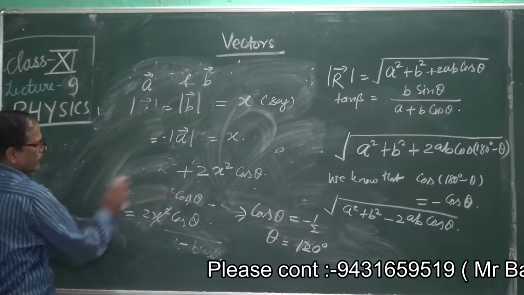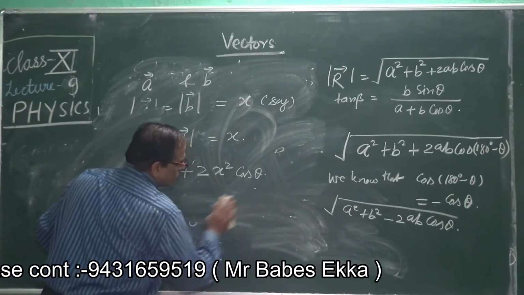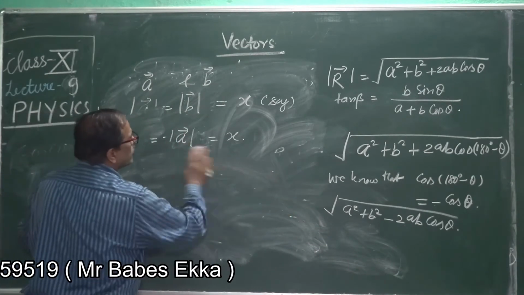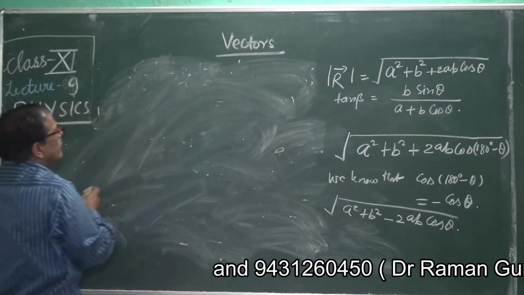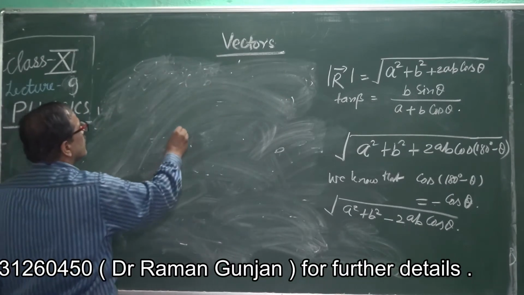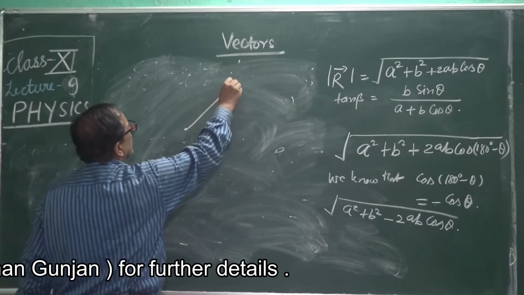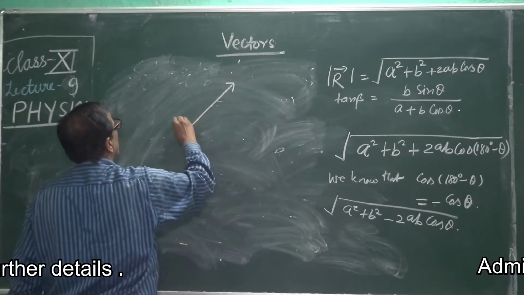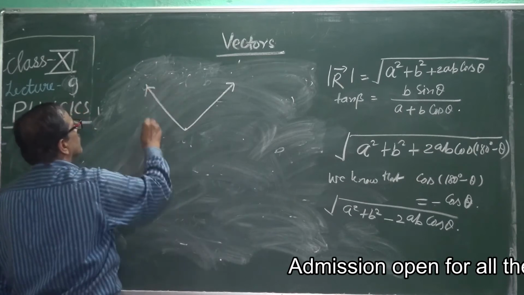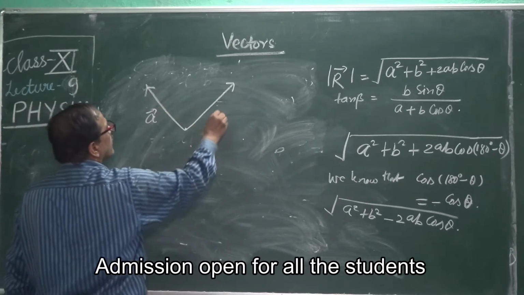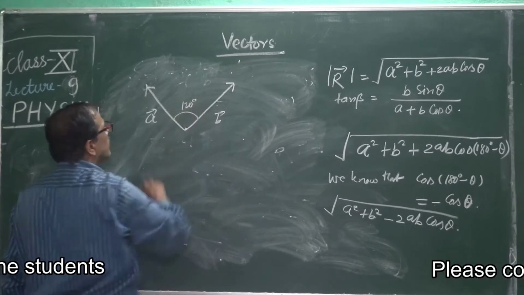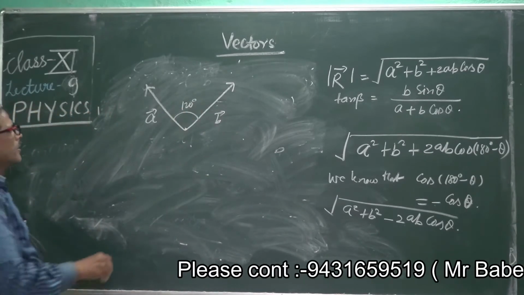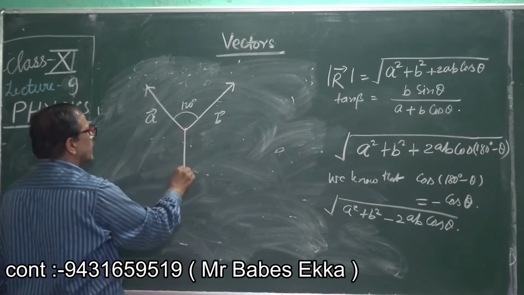If we represent the two vectors of equal magnitude and the resultant, we will see it like this. This is vector A, vector B, 120 degree, and the resultant is here.